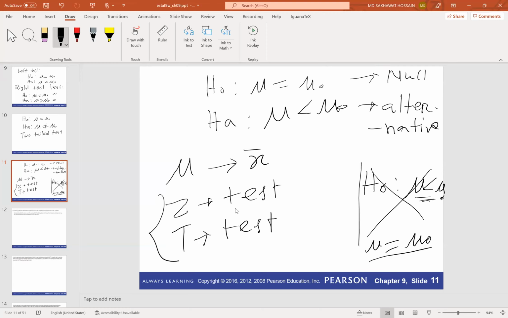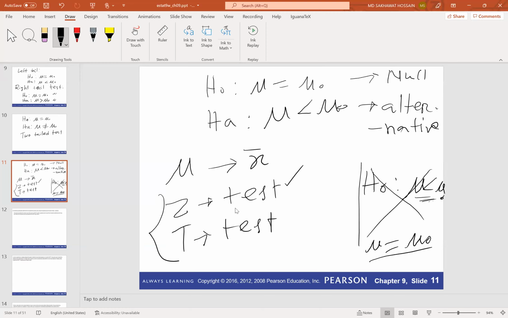If sigma is known, then we'll use the Z test. If sigma is unknown, it's similar to the confidence interval: we had assumptions for the Z interval and for the T interval, and for the hypothesis test we'll have the same assumptions.